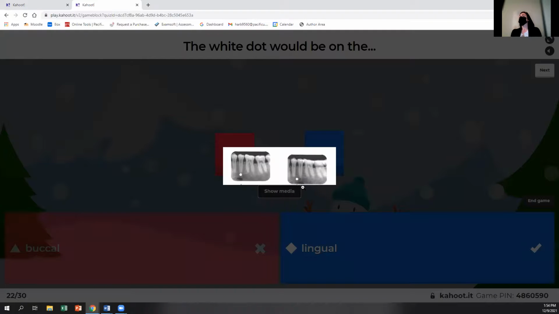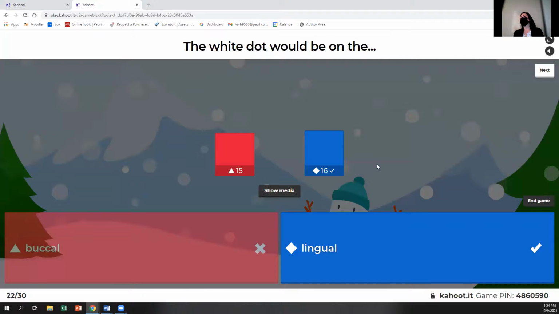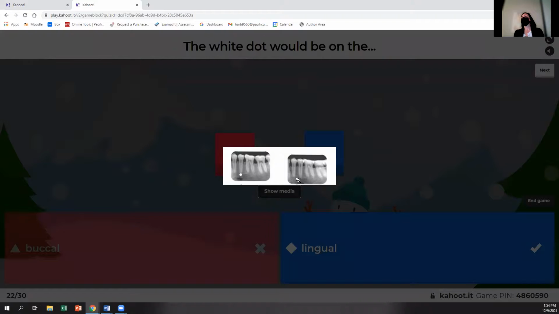So we have this radiolucent dot that is the mental foramen, and we know the mental foramen is a buccal landmark. So this mental foramen didn't change much, but this white dot did. It went in an opposite direction. So that's how we know that it's lingual, because when this buccal landmark didn't really move much, I guess it moved a little distal, but the white dot moved mesial, they went in two different directions.